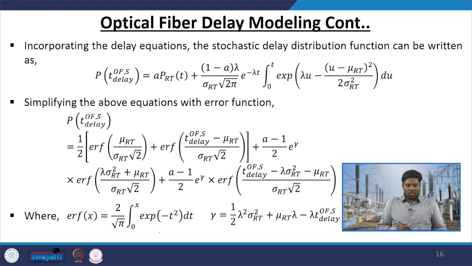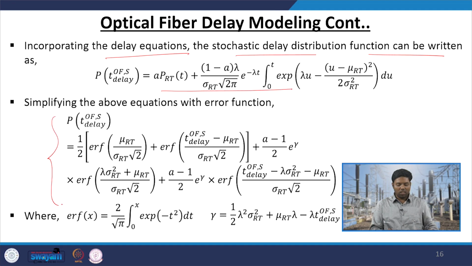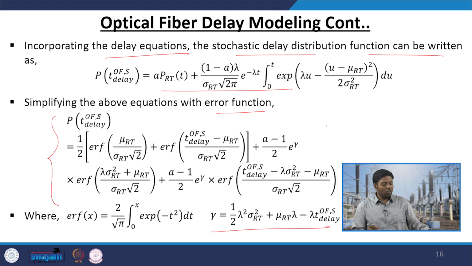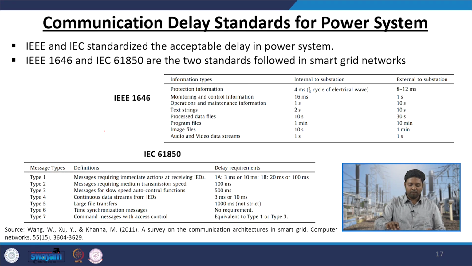Okay. Now, if you incorporate the entire stochastic delay equation and simplify it, then you will get this equation with the error function. Here gamma is this one, and the total delay values from this optical fiber are given by this equation.